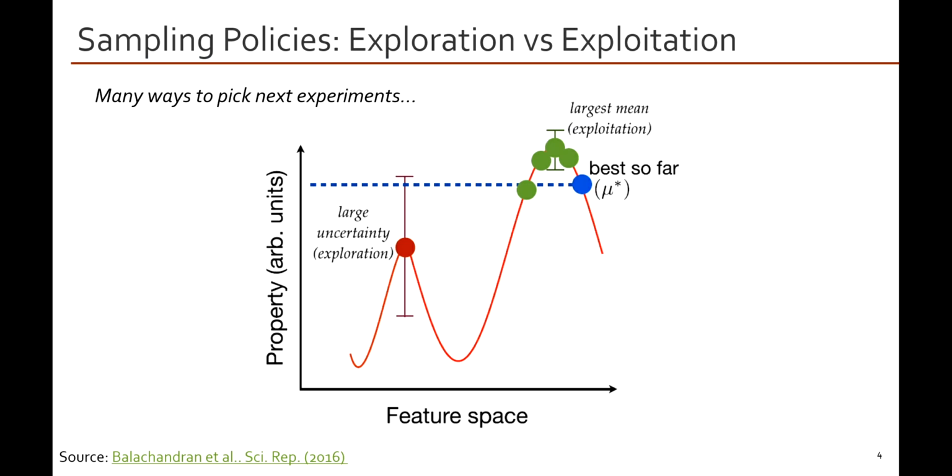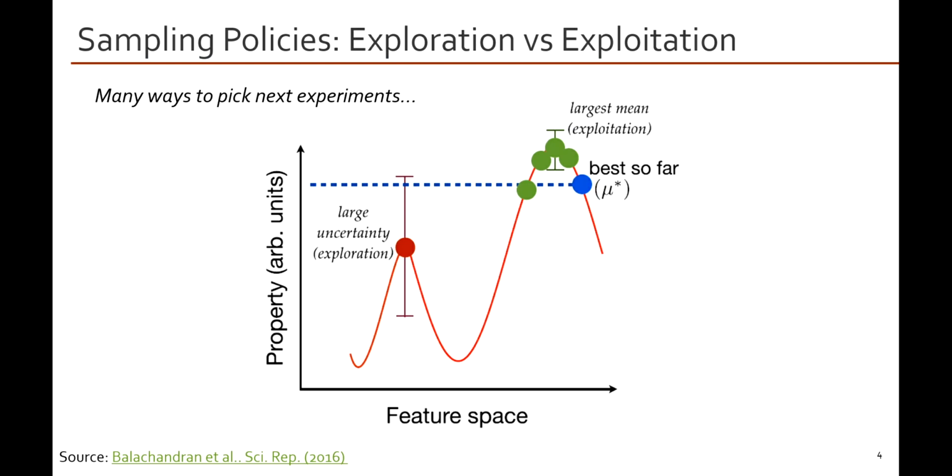Now, one way you could go about selecting these points is to pick the experiments which have the greatest uncertainty. In this way, you gather the data that explores across your region of potential experiments very effectively. Additionally, you could state the goal is, I want to evaluate the experiments that give me the highest value of some property.